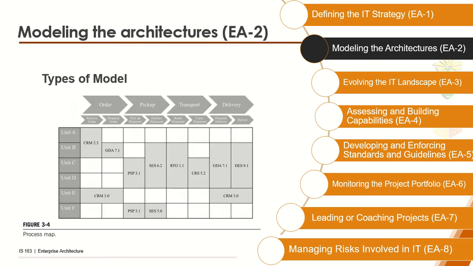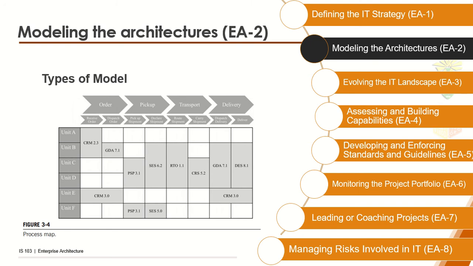So this process map is one of the many modeling nga pwede nato gamiton. So if we wanted to model the architecture, this process map draws a relationship among business processes, the organizational units in charge of them, and the applications supporting these units in their duties.